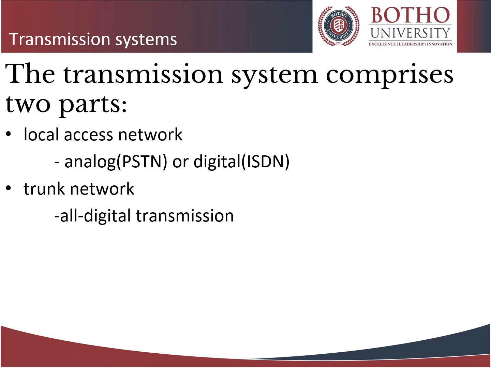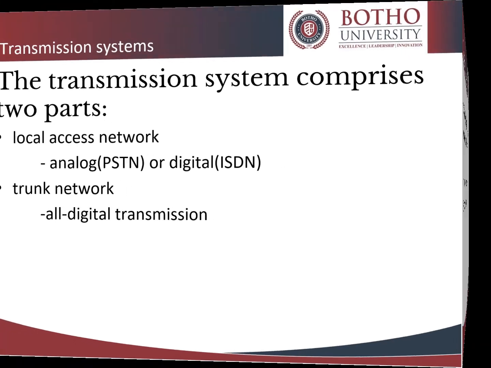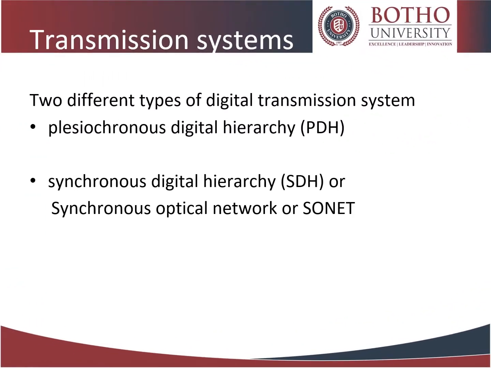Although all digital transmission and switching is used in the trunk network, for historical reasons, two different types of digital transmission system are used. One is called the Plesiosynchronous Digital Hierarchy, PDH, and the other the Synchronous Digital Hierarchy, SDH, the latter also known as the Synchronous Optical Network or SONET.